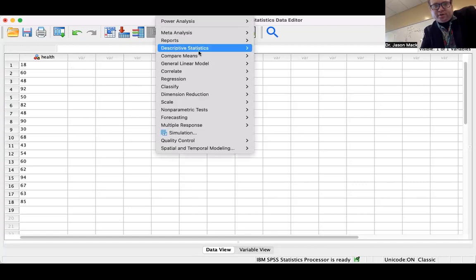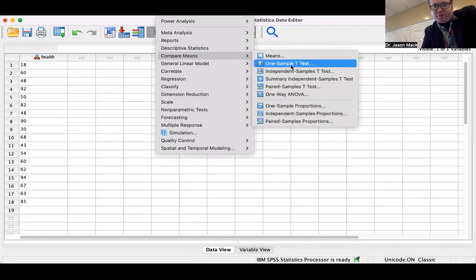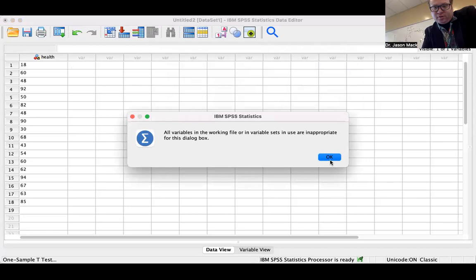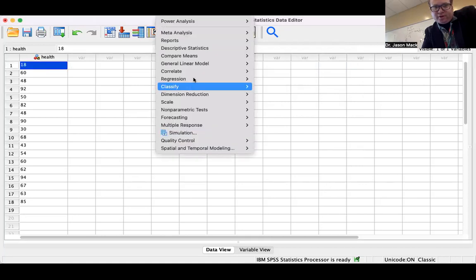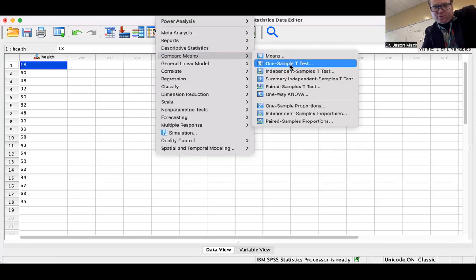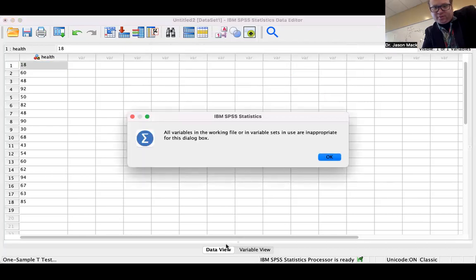So we'll analyze, and we're going to compare means, one sample t-test. Why it's not letting me do that, I don't know. Analyze. Oh, that's why.